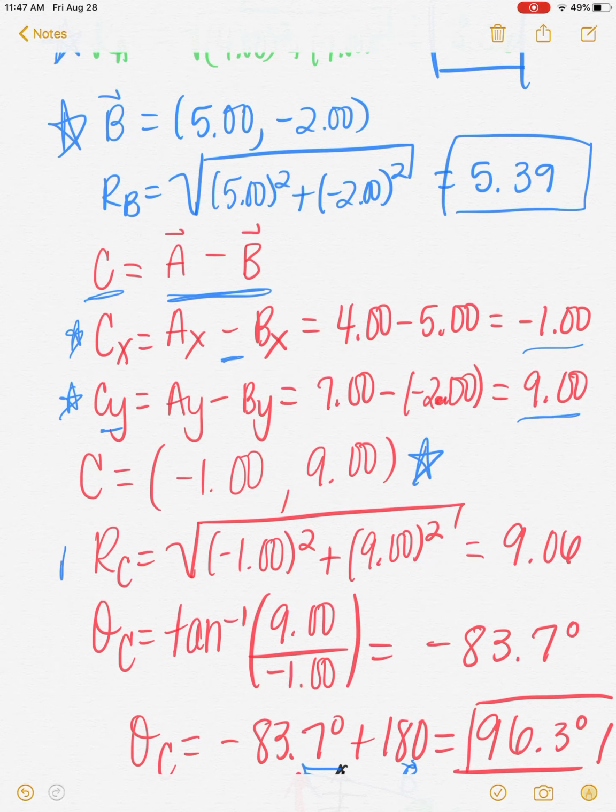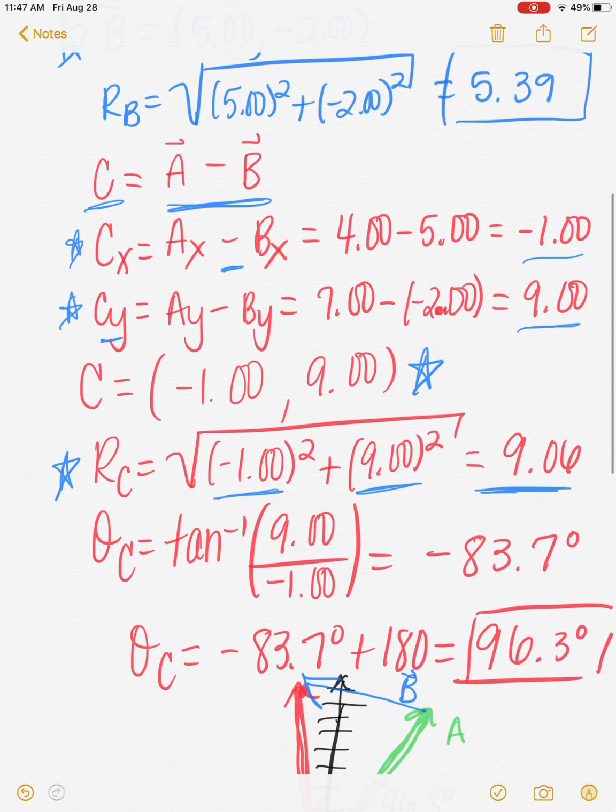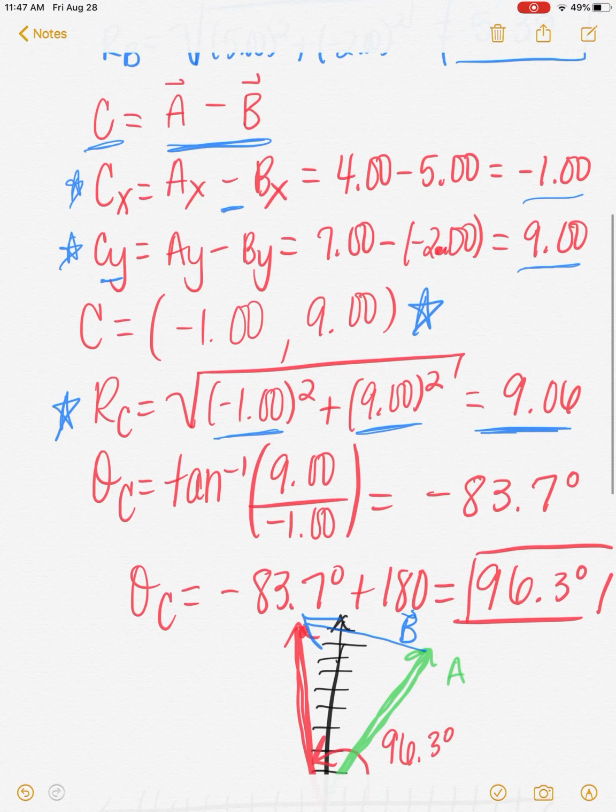They want to know the magnitude and direction of that resultant. So the resultant of C is the square root of the x component of C squared plus the y component of C squared. That gives you a resultant of 9.06 when you subtract A and B. And you find theta by taking the inverse tangent of CY over CX, which gives you an angle of negative 83.7.